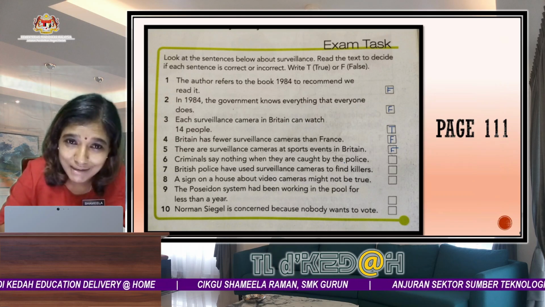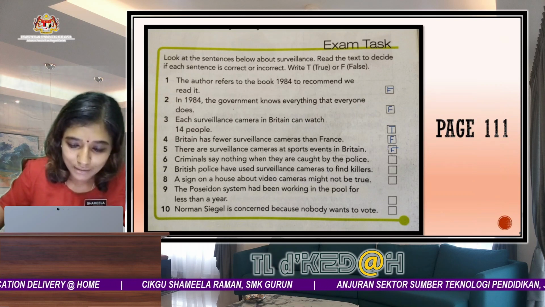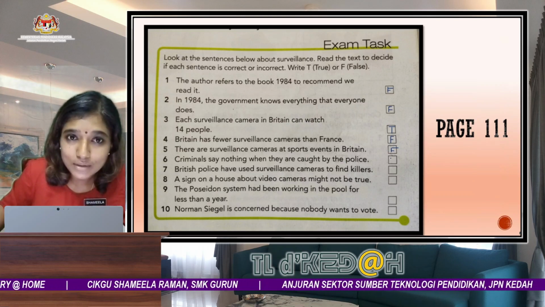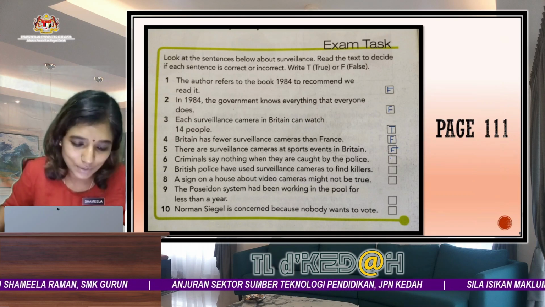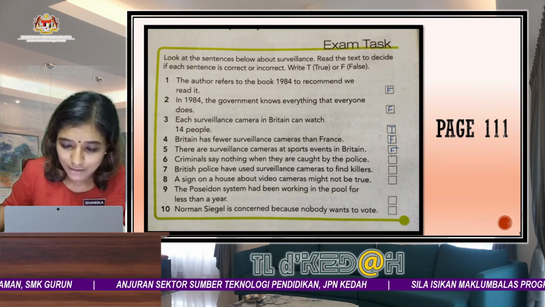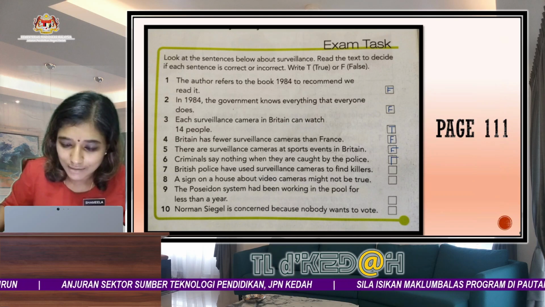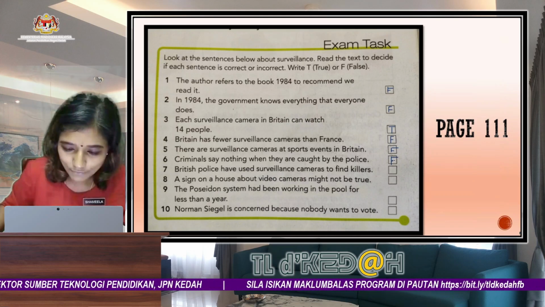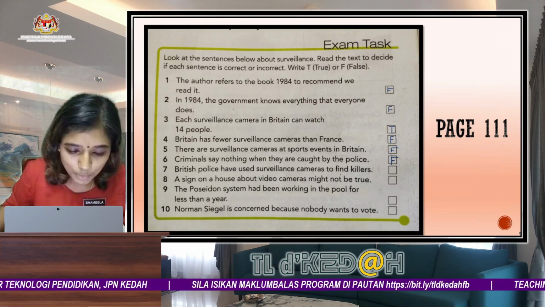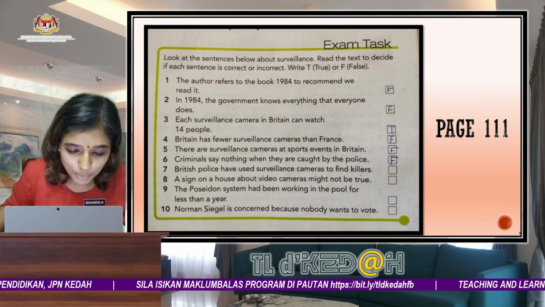That's a different meaning there, yeah. If they are not guilty, they can still talk, isn't it? But if they have evidence, then okay. So criminals say nothing, it's false. They can talk unless there's proof. False.